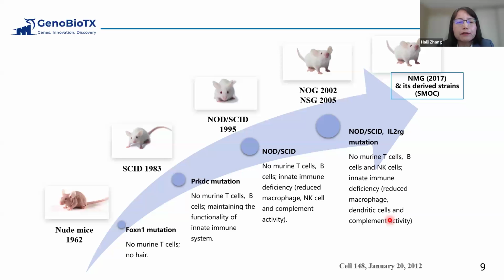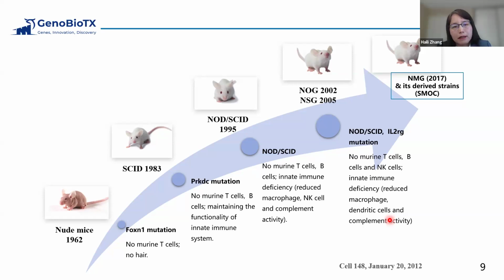So let's review the history of immunodeficient mice. The discovery of immunodeficient mice has progressed through 4 major stages, resulting in 4 generational mice with increasing levels of immunodeficiency. So the first generation is nude mice developed in 1962, which carries a mutation in the FOXN1 gene.